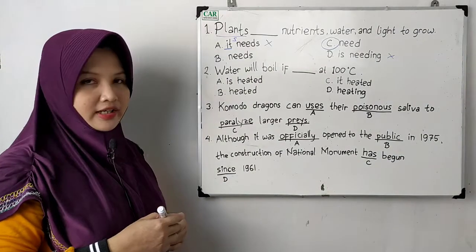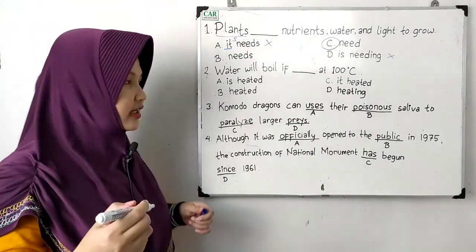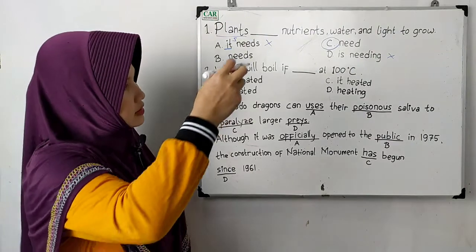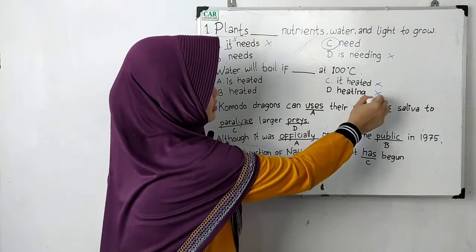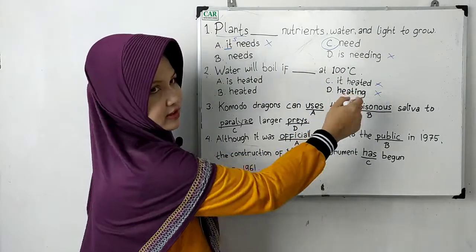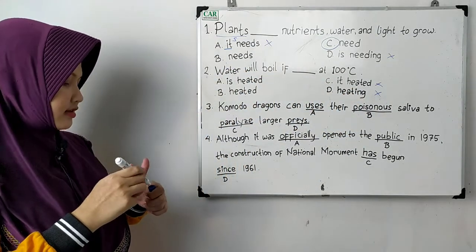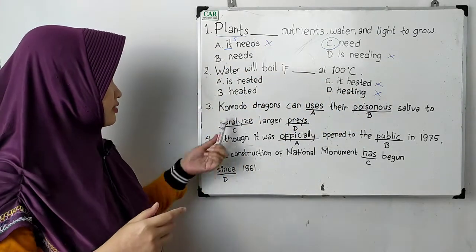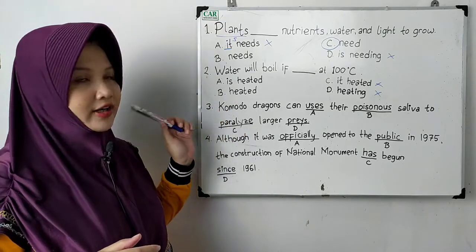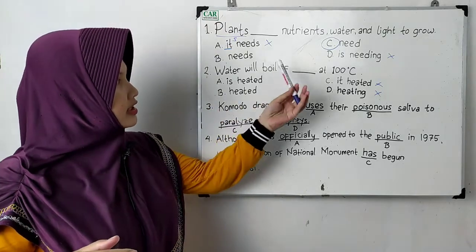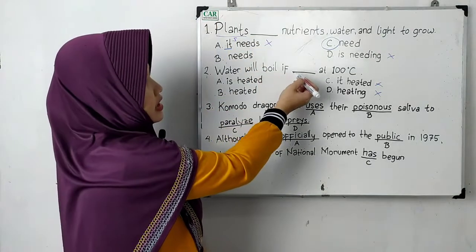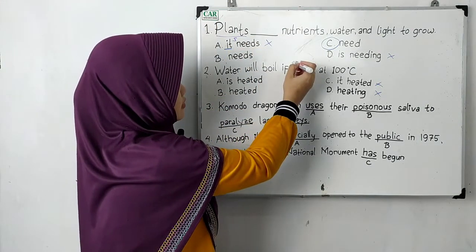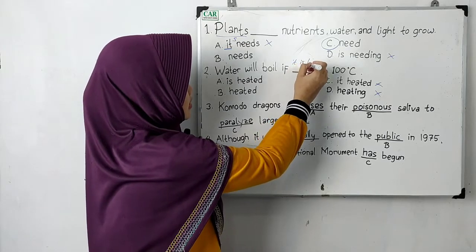That's why we can directly eliminate option C and D. It's not passive voice, right? So there are two options left. Is heated or heated? Okay, if it is passive voice, it must be, if it is heated.